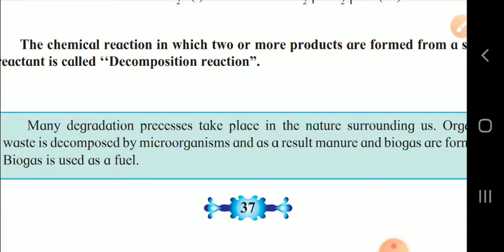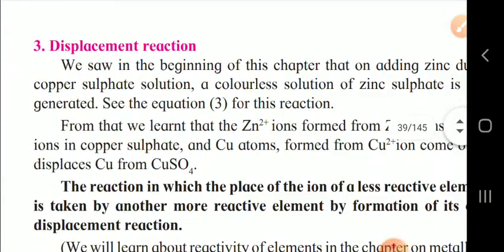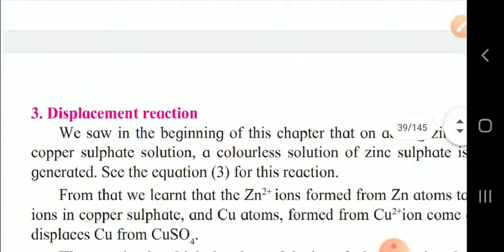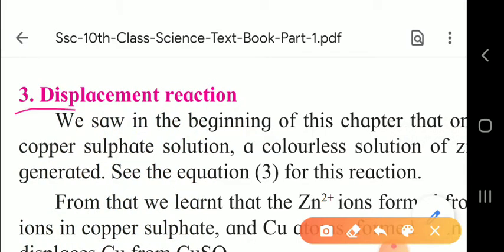Now we'll see the next reaction, children. What is the next reaction? Our next reaction is the displacement reaction. So this is our displacement reaction.